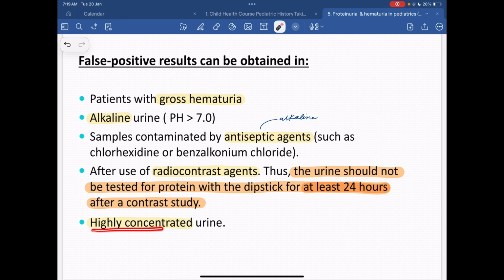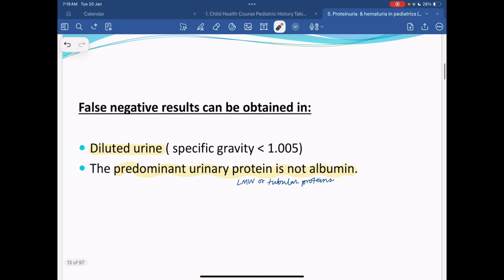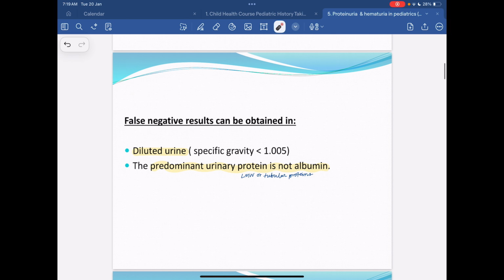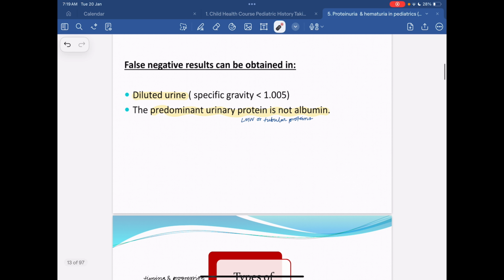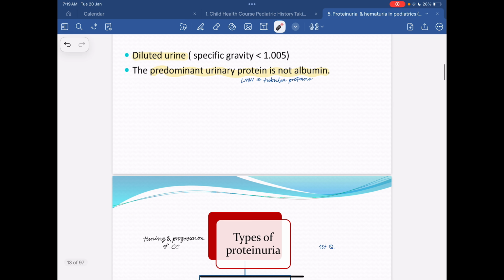وبعد highly concentrated urine also يعطينا false positive. طيب متى يجينا false negative؟ تخيلوا العكس يعني إيش؟ diluted urine، وزي ما ذكرنا في البداية if the predominant urinary protein is not albumin، زي إيش؟ low molecular weight or other types of proteins. طيب خلصنا كيف نستخدم الدبستيك.